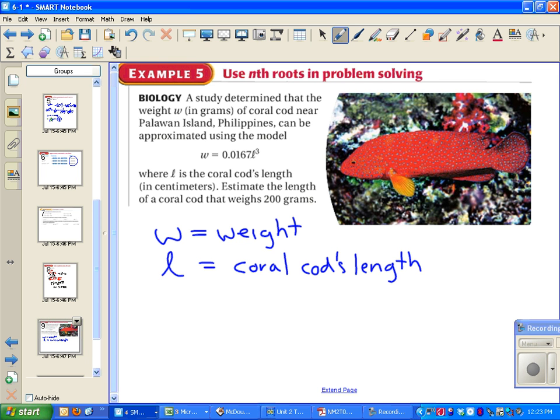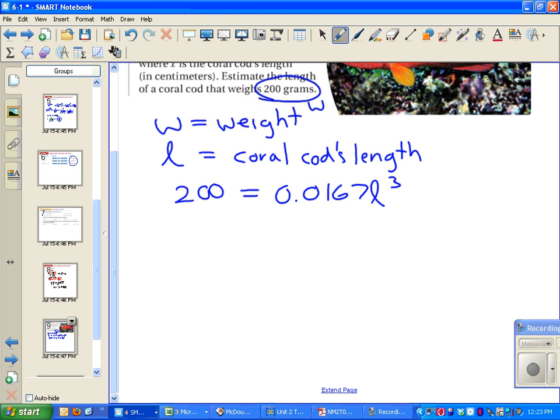So we're going to estimate the length of the coral when it weighs 200 grams. So we're going to put that in for W. So we have 200 is equal to 0.0167 L cubed. All right, so the first thing I want to do is get the L cubed by itself. So I'm going to divide everything by 0.0167.